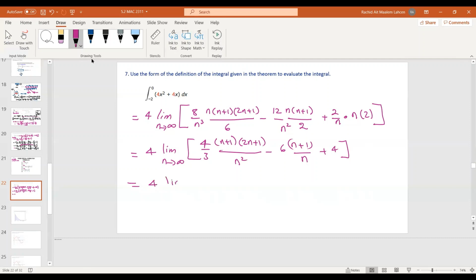So one over n, because n over n is 1 over n, all right, plus 4. So this changes to that.